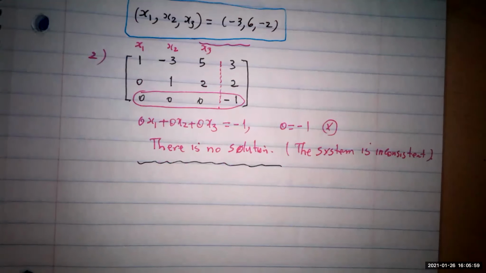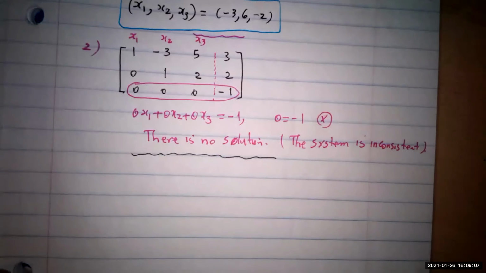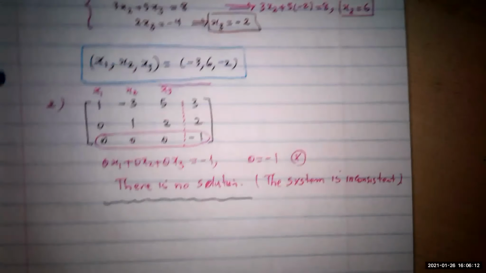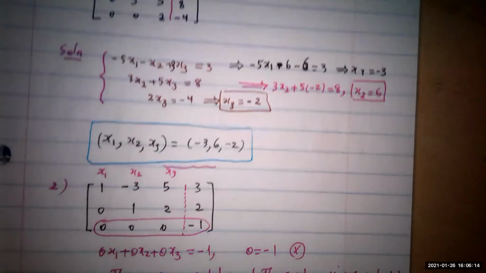When we get this type of format, in this case we get one solution. Over here, we get no solution. So that's case two, as we talked about before, the possibilities.